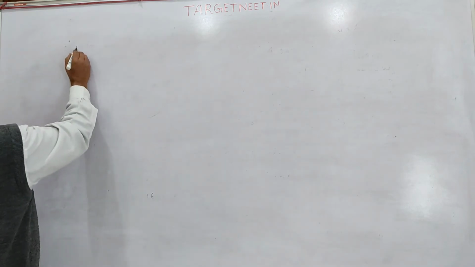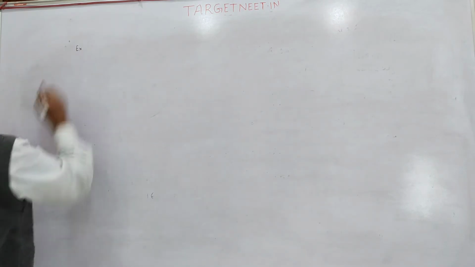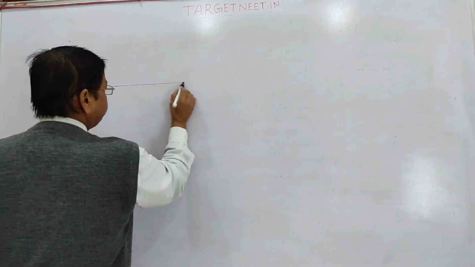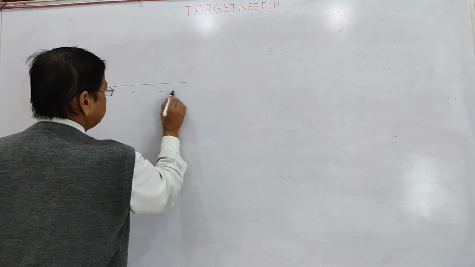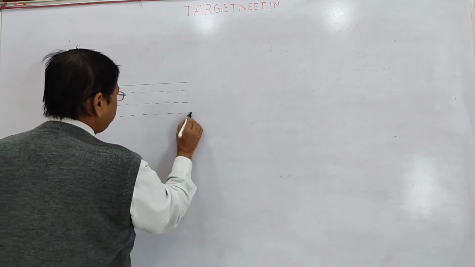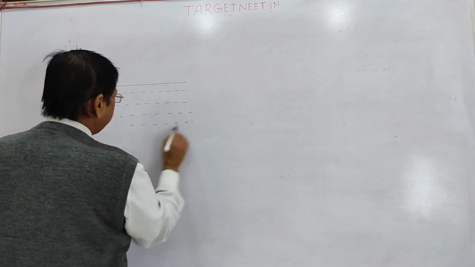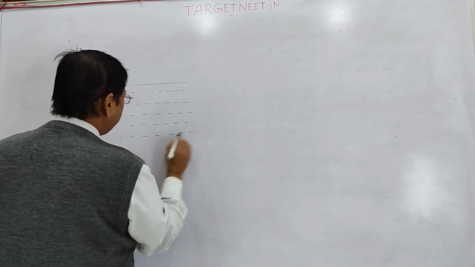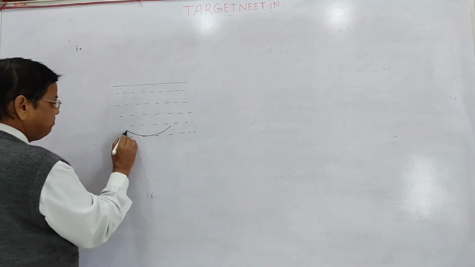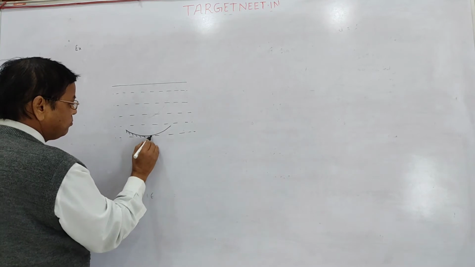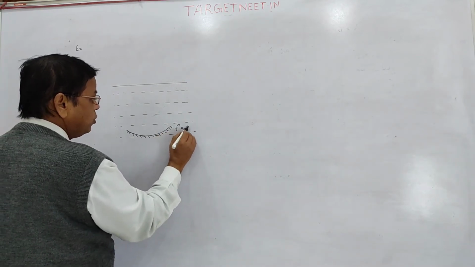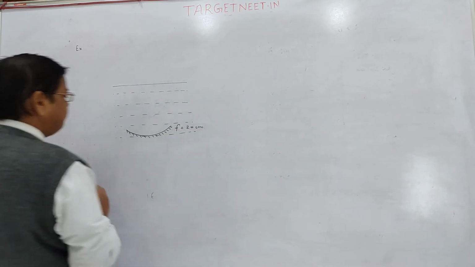One more example. Suppose this is water, and here there is a concave mirror. The focal length of the mirror is 20 centimeters, that is given.